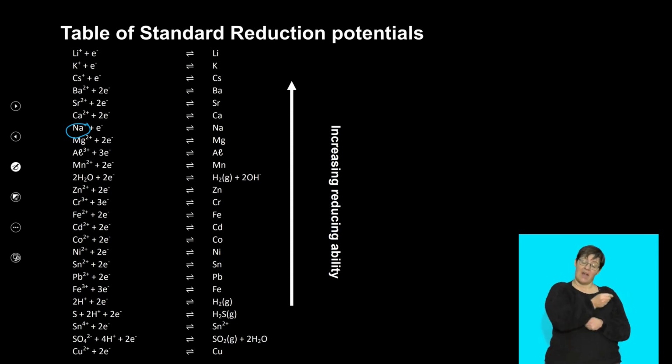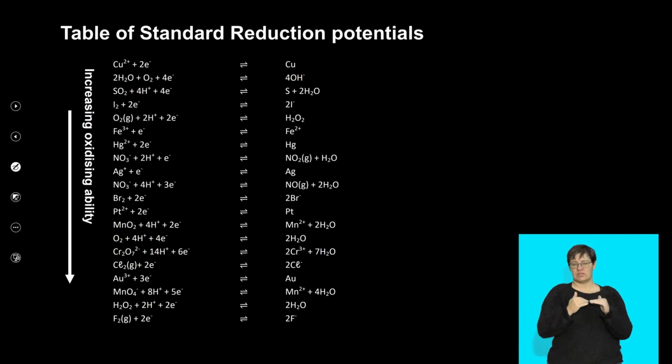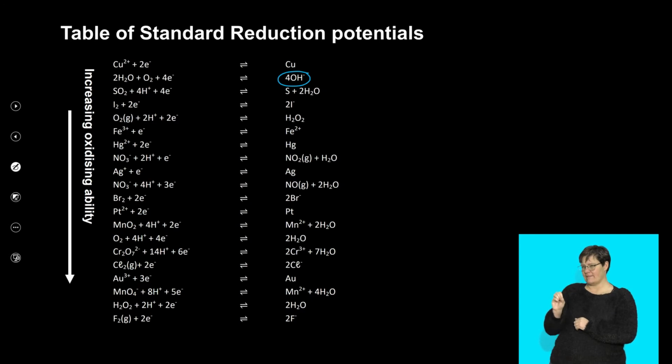We do have water, so we're going to keep that one in mind, but know that it's not the reducing agent. We'll have to go further down to see if we can find what's going to be the reducing agent. Look here. There's a hydroxide, and it's quite high up on the table as a reducing agent. And we go even further down and we get chloride. Those are the things that we've got.